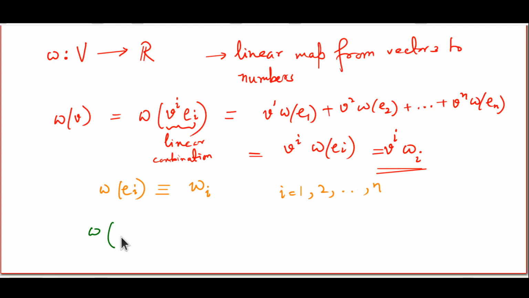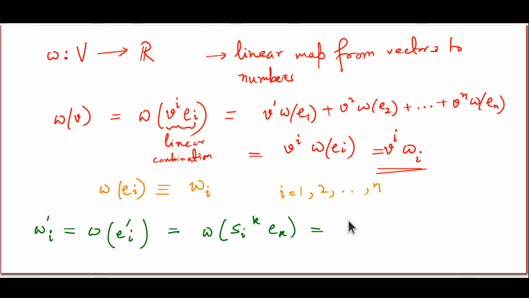In your new coordinate system, you will have a new basis. And omega acting on e prime i will simply be the ith component of the same covector omega in the new basis, or after you change coordinates. So omega prime i is nothing but omega acting on e prime i, and omega acting on e prime i is simply omega acting on S_i^k e_k. That exactly is how basis vectors change.